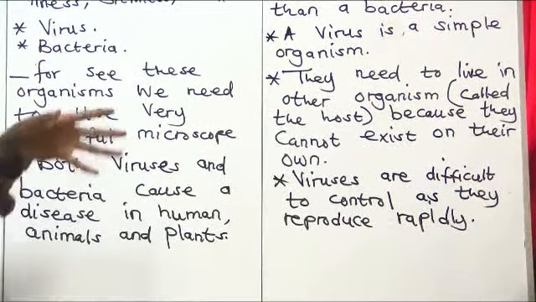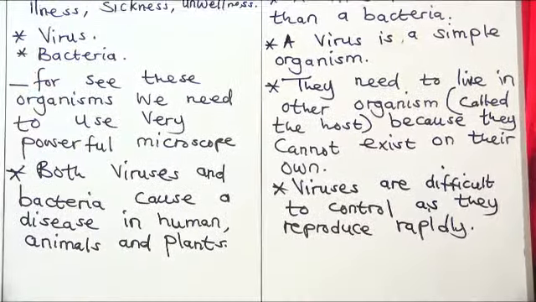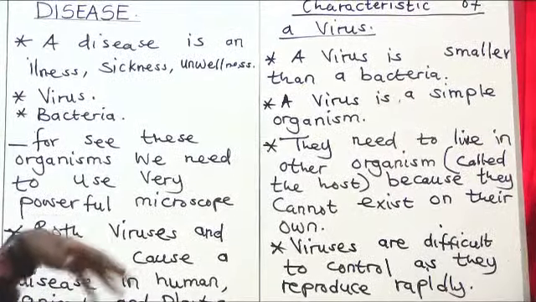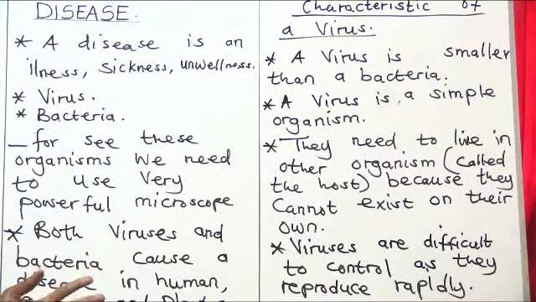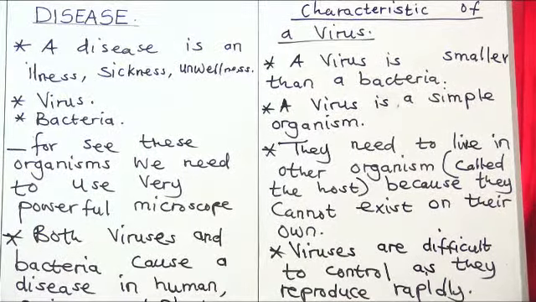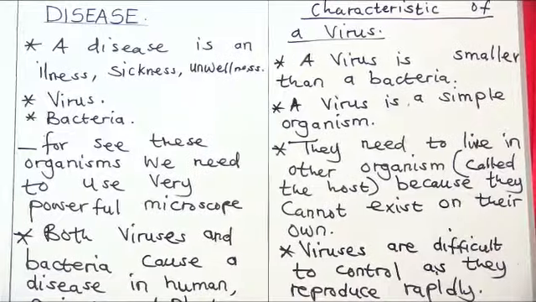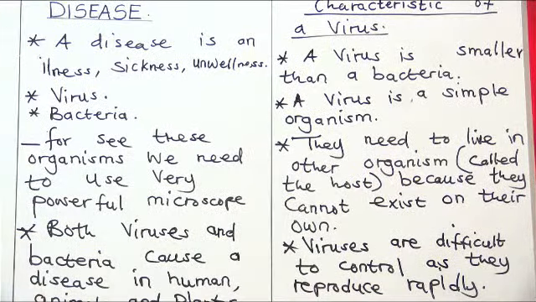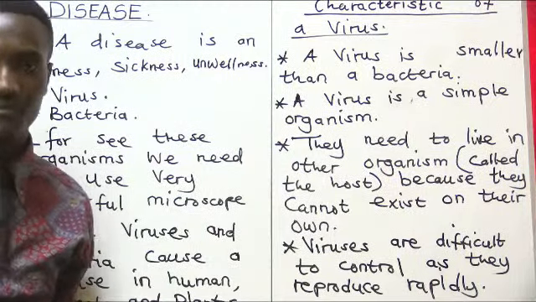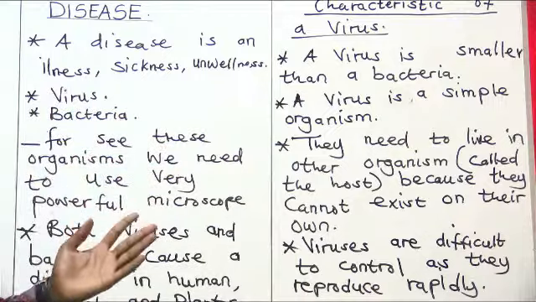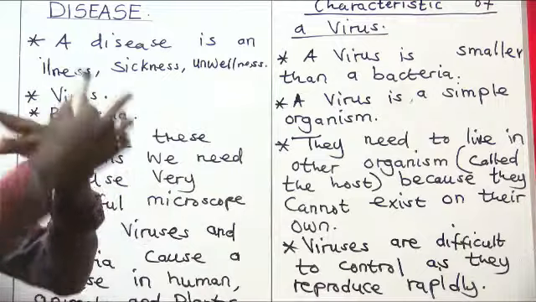When these viruses live in other organisms, that's when they develop and reproduce other viruses. They live in a host because they cannot exist on their own unless there is a host where they can start reproducing.